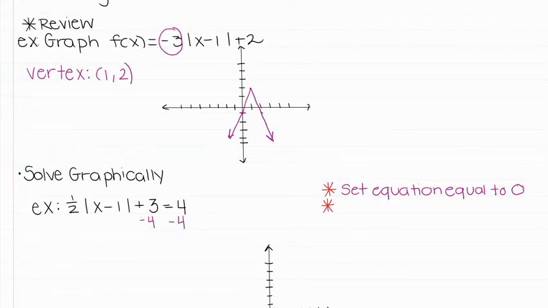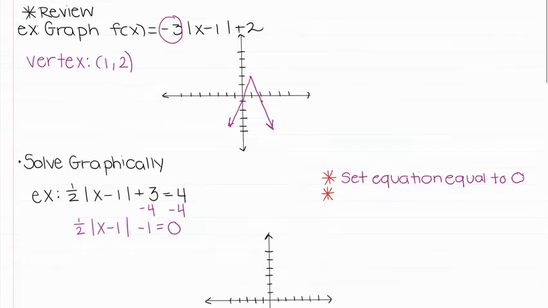Now I'm subtracting it from the 3 because I can't subtract it from this piece because that's inside the absolute value. And the 1/2 is being multiplied, so I also can't subtract it from that. That doesn't make sense. So what we would have left is 1/2 times the absolute value of x minus 1, and then +3 minus 4 is -1.